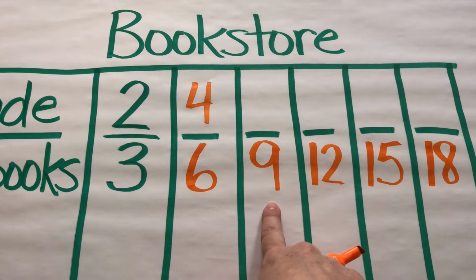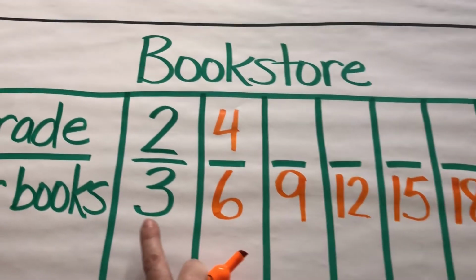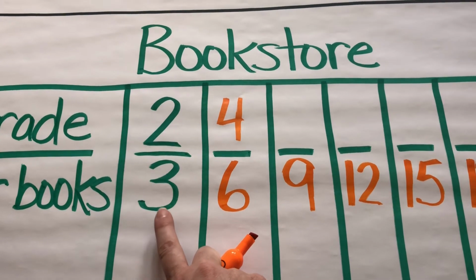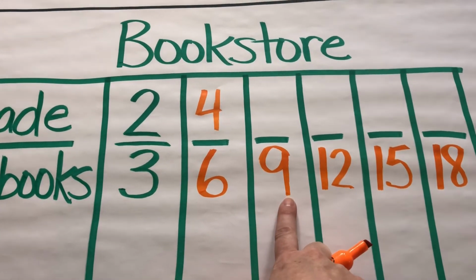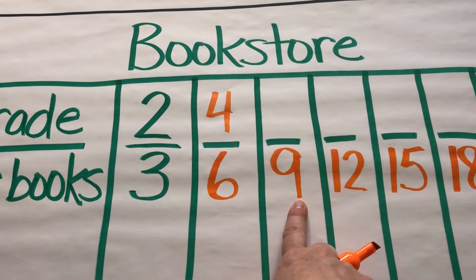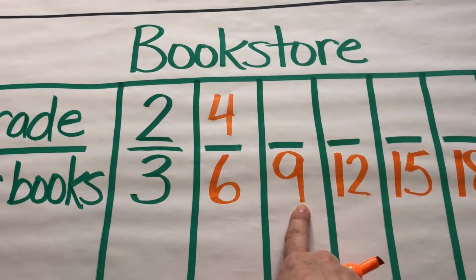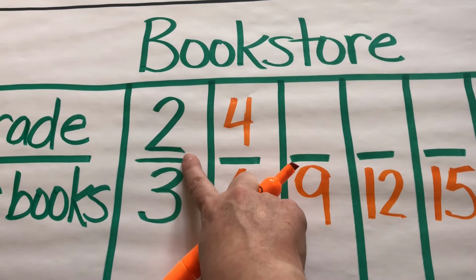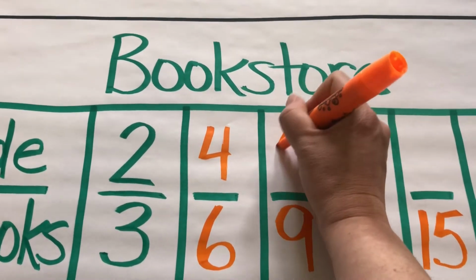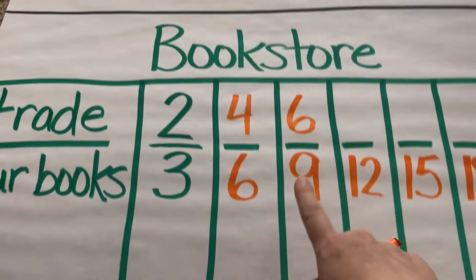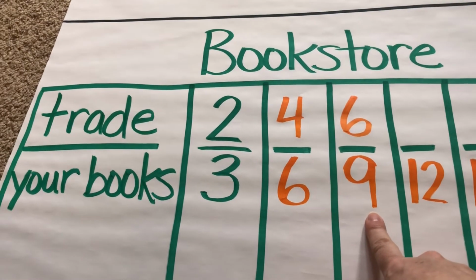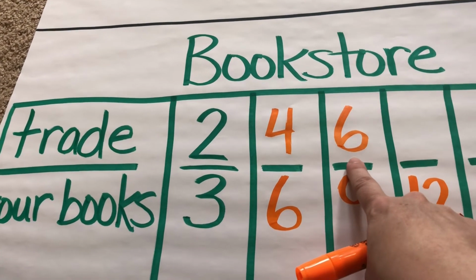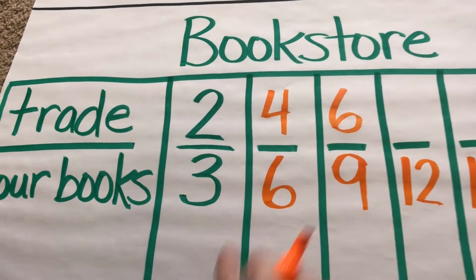Now let's go and see what it would be with 9. So we started with 2/3. To go from 3 to 9 as our denominator, we multiplied by 3. So we need to take 3 and multiply it by our numerator. 2 times 3 is 6. So if you take in 9 books, they will give you 6.